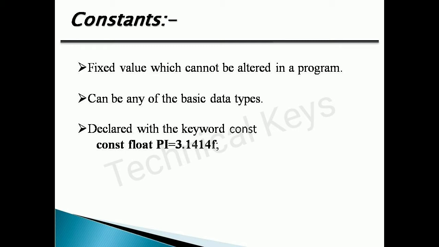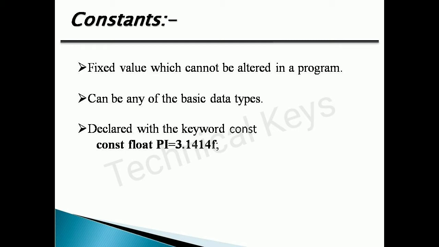On the slide, const is my keyword, float is my data type, capital PI is my variable name, and whatever value is given here will be considered a constant value stored in this variable.